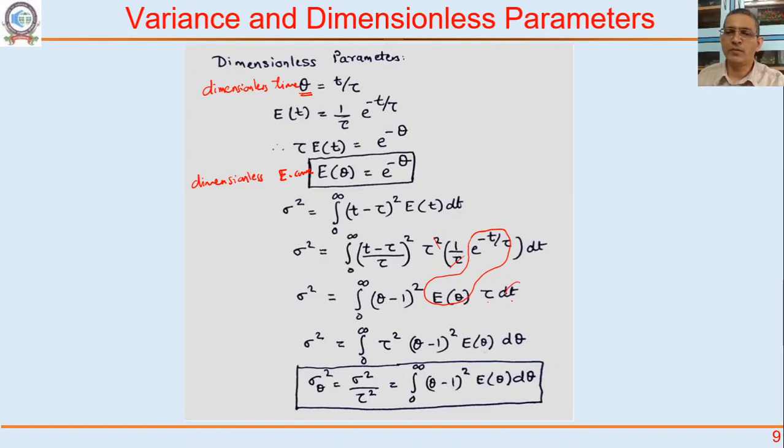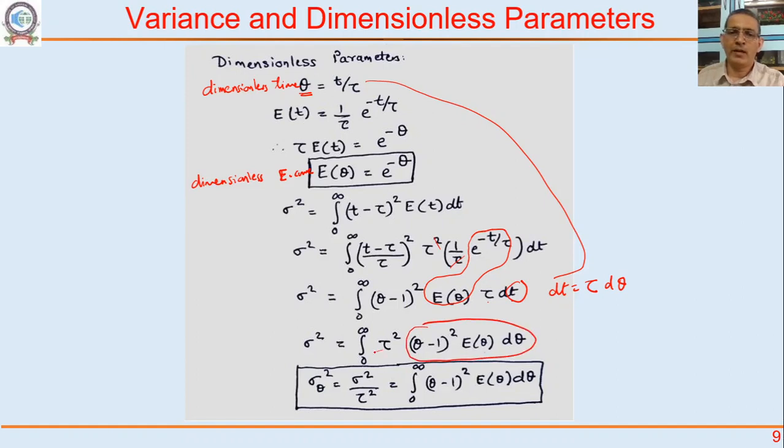But this t also we can represent from this expression: dt would be tau d theta. So now it will become tau, 0 to infinity, tau square (theta minus 1) the whole square E(theta) d theta. So this is our dimensionless variance.